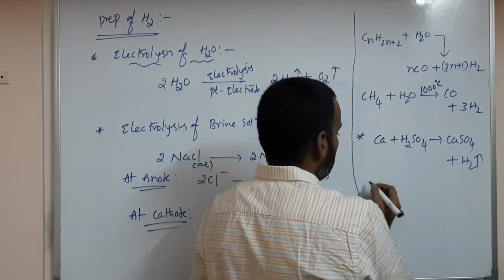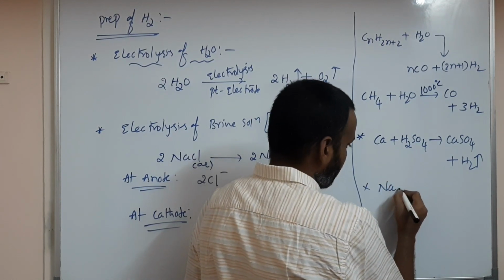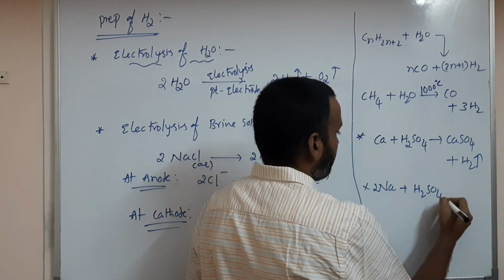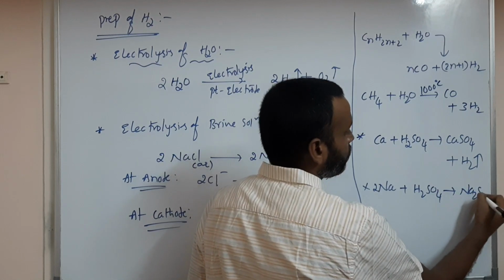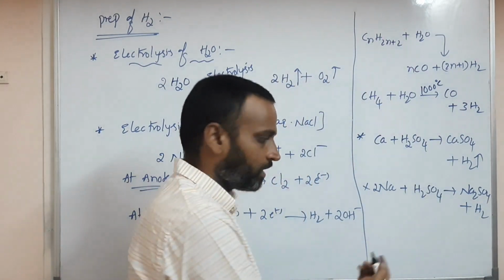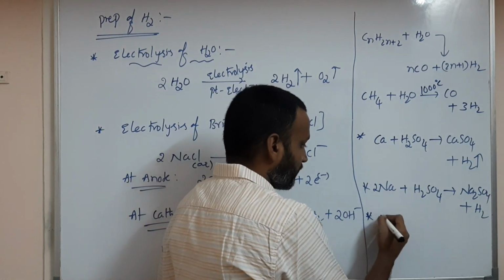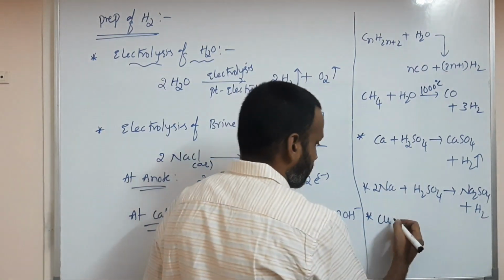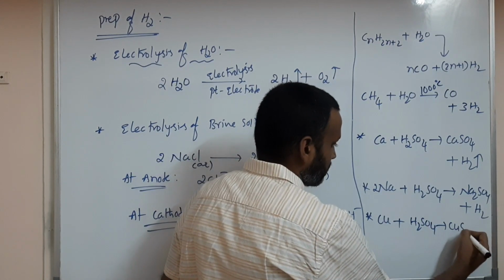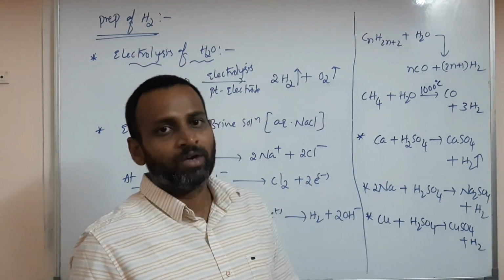Similarly Na: 2 moles of Na react with H2SO4 to give Na2SO4 plus H2. Actually these are explosive, sodium and all like this. Instead, better to take less reactive metals like copper reacting with H2SO4, then you will get copper sulfate, CuSO4, plus H2. Like this you have preparations.